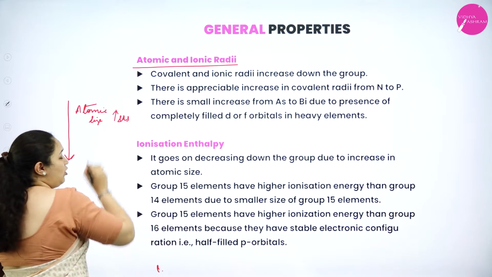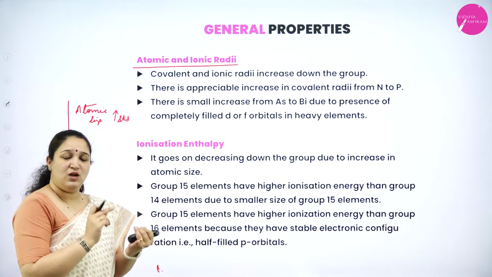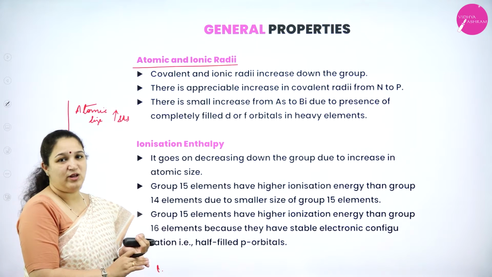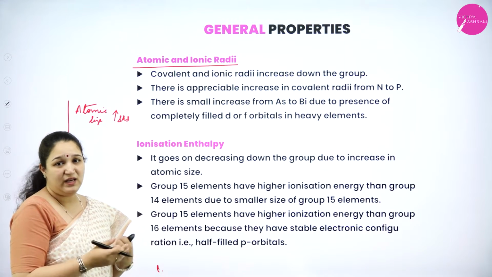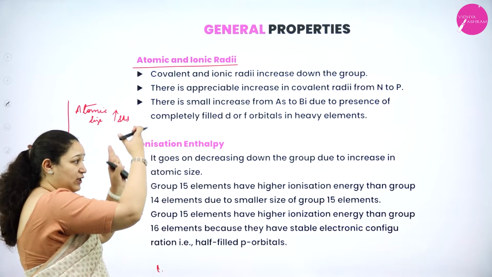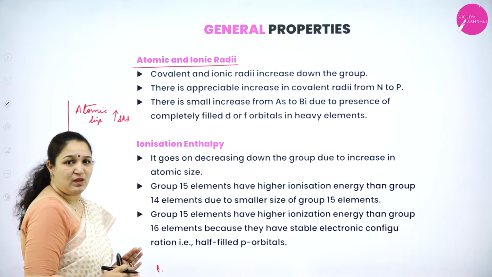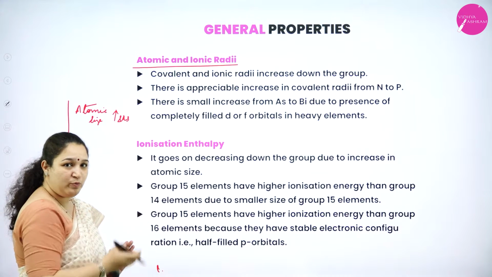So this is what you need to remember. When atomic size increases, covalent radii or ionic radii also increase. I am talking only about down the group because we are studying group by group. I am not talking along the period here at all.